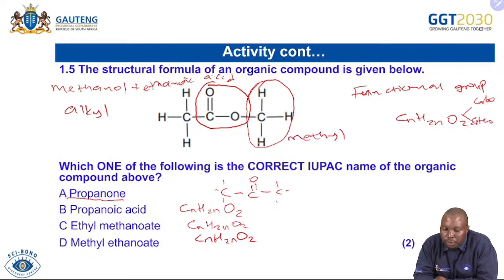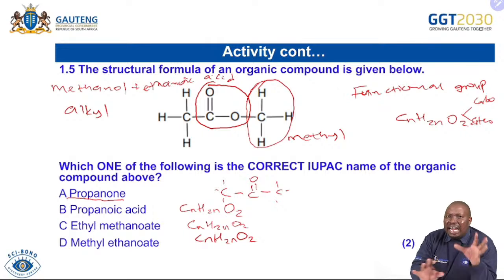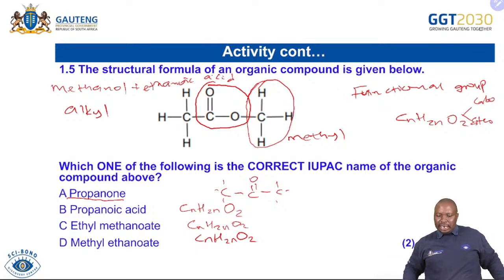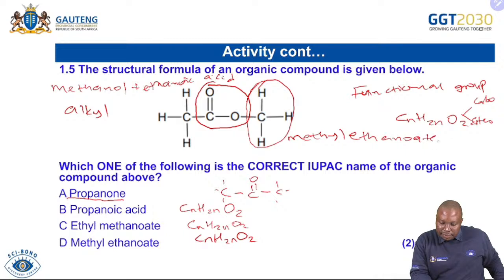When you are naming an ester, you look for the alkyl group first, to say, where do we find the alkyl group? You can see that this one that goes C double bond O is part of the chain, but the alkyl group is methyl. So you are having methyl ethanoate.